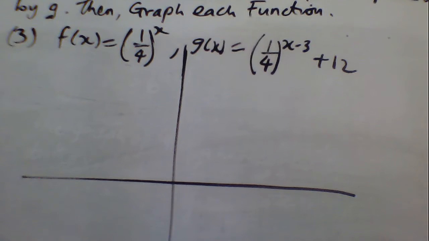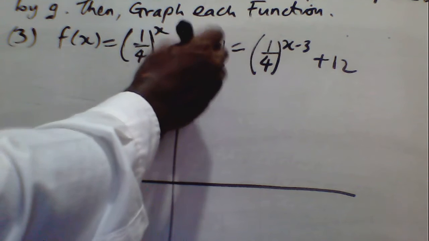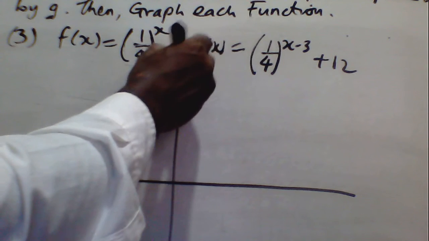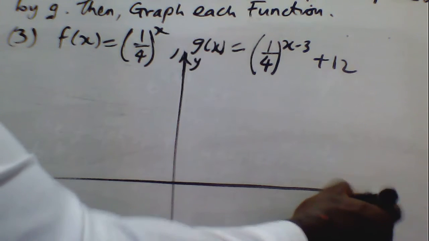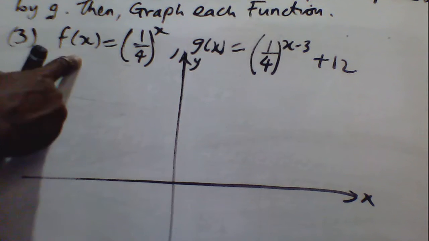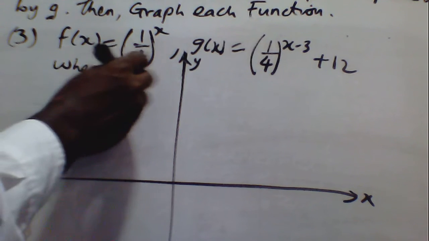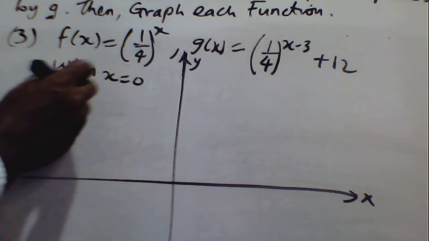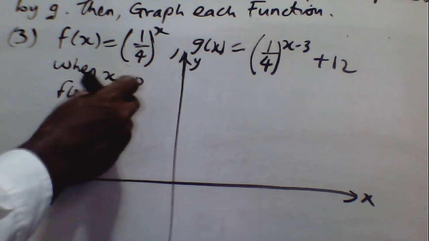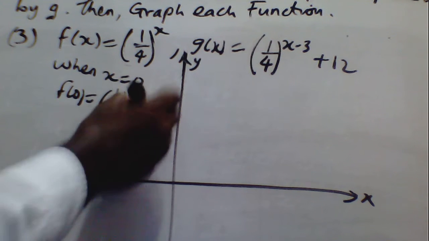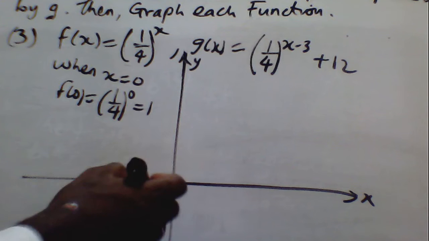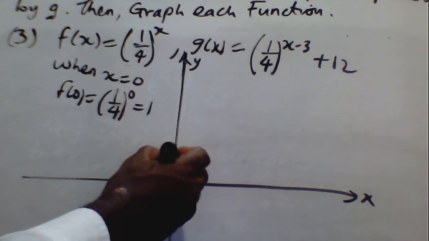Let's proceed. The first thing to do is to find some points to use to graph the function. We already know that the parent function always passes through 1. When x is equal to 0, f of 0 is equal to 1 over 4 raised to power 0, which gives us 1. So the parent always starts from 1, somewhere here.